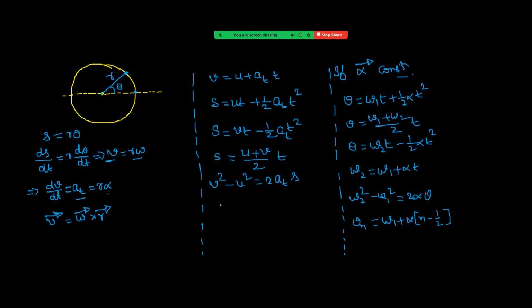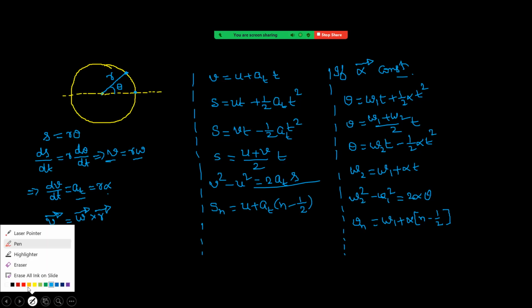Distance traveled. If you want distance covered in nth second, Sn equal to u plus a_t into n minus half. Okay. So kinematics in terms of linear quantities and in terms of angular quantities. Let us now focus here regarding centripetal acceleration.